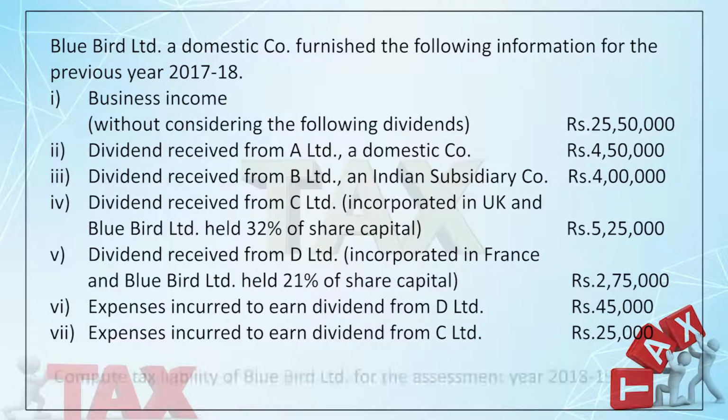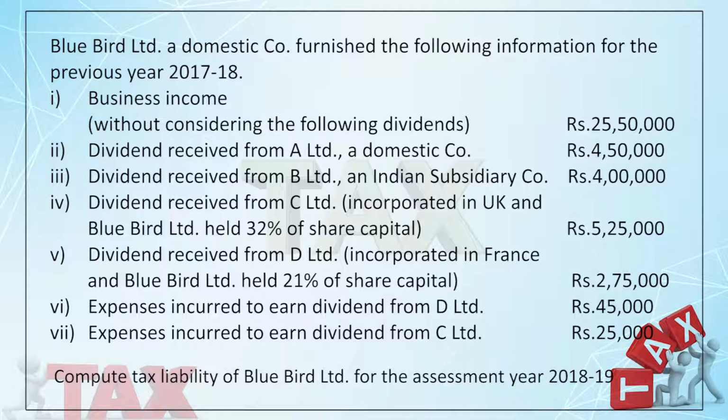You can see that the Blue Bird company is a domestic company and it furnishes certain items, that is the business income without considering the following dividend, 25,50,000. Dividend received from A Limited, a domestic company, dividend received from B Limited, an Indian company, for rupees 4 lakhs. Dividend received from C Limited, incorporated in UK, and Blue Bird Limited held 32% of share capital.